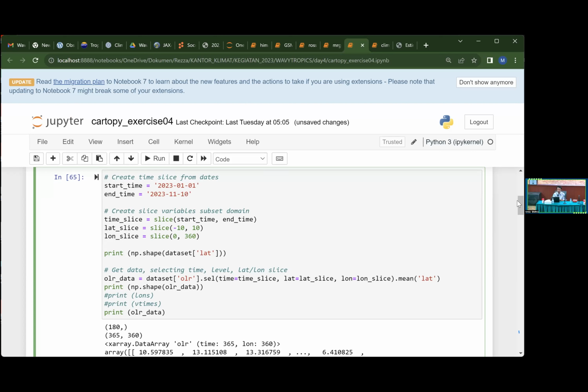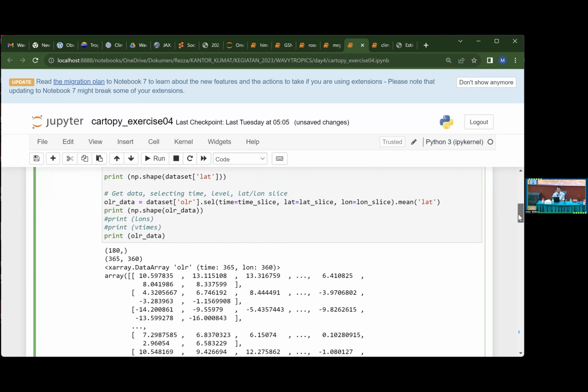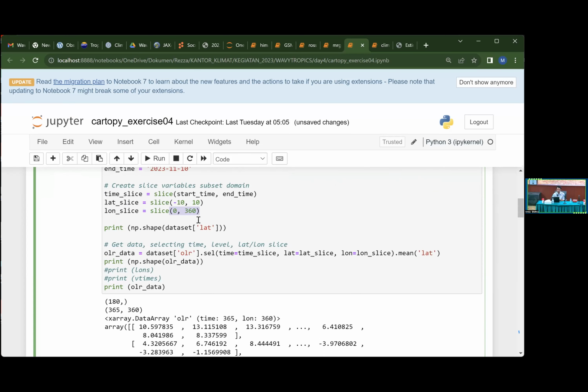And then this is for the time, and then we select latitude from 10 south to 10 north, and let's select the globe, 0 and 360 like this. And then we crop the data based on our selection, and we want to see the shape of the data.